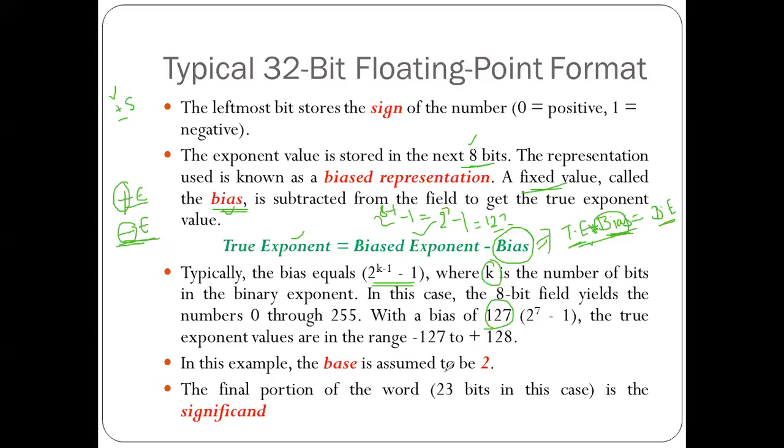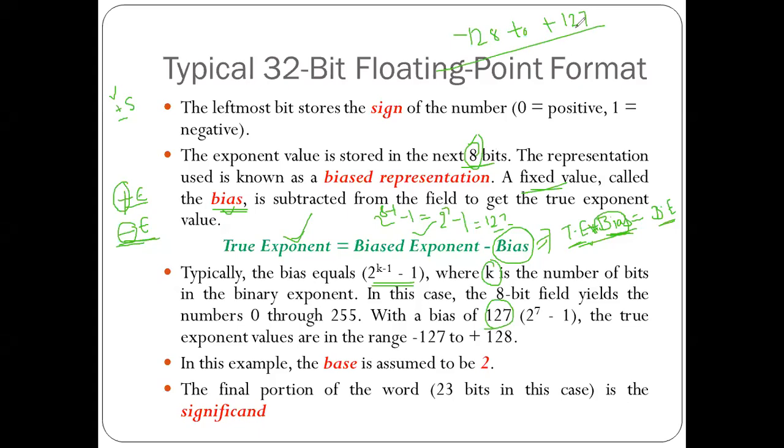Since 8 bits are there and my exponent can be positive or negative, I can represent the true exponent from minus 128 to plus 127. So the true exponent values are in the range minus 128 to plus 127.